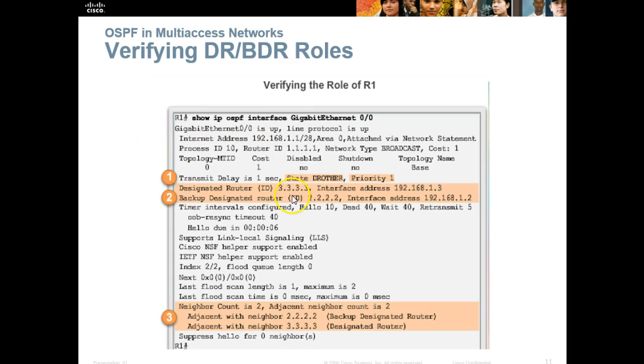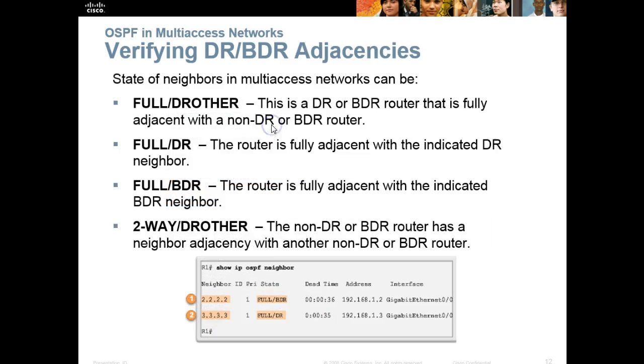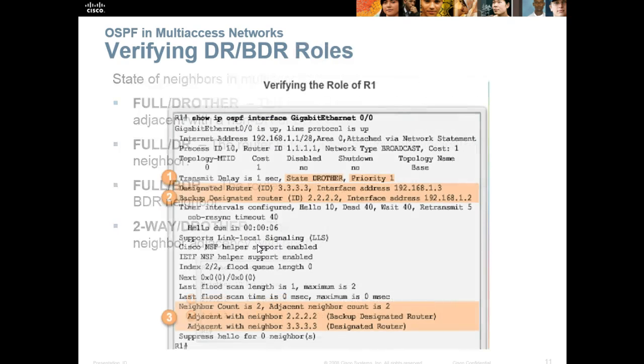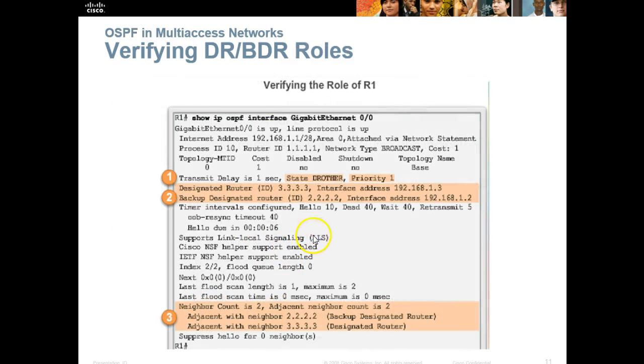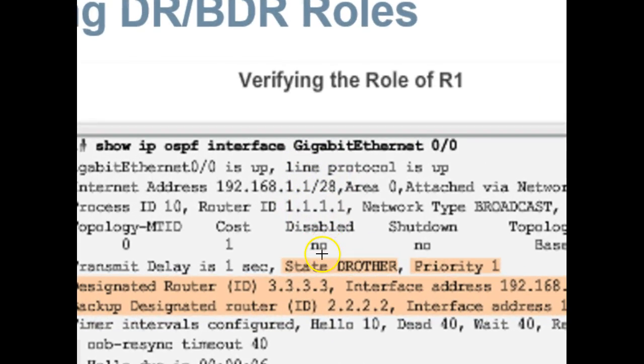All right. And so this command here, show ip ospf interface, all right, and then gigabit Ethernet 0.